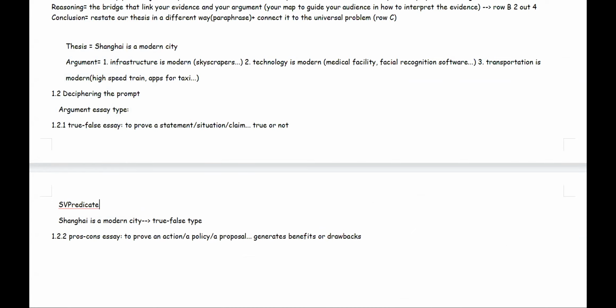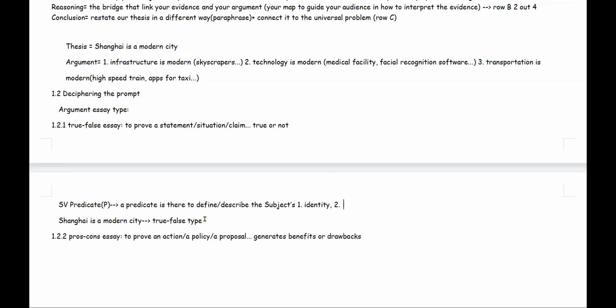We know subject, we know verb, and what is a predicate? That's why we abbreviate it into P. A predicate is there to define or describe the subject's number one, identity.